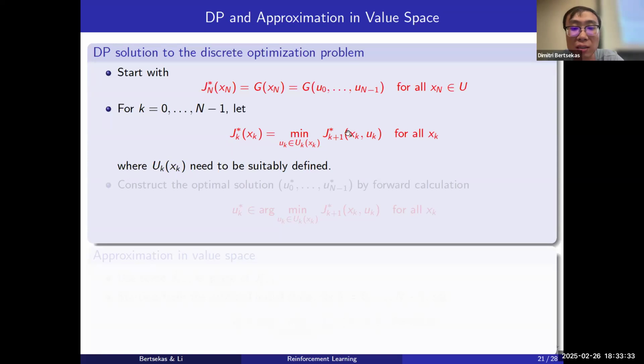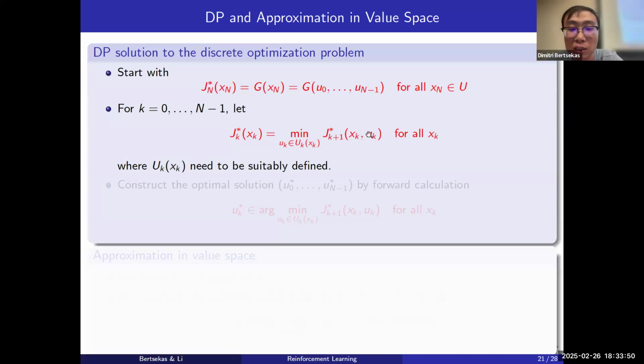Also, in the previous case, we have this f of xk and uk, and that's missing as well because the new state is simply appending uk to xk. You get the sequence u0, u1 to uk.